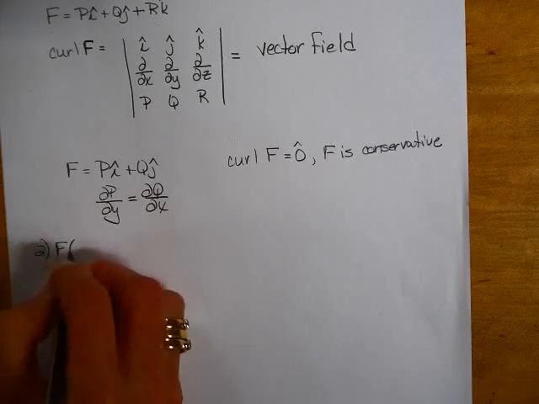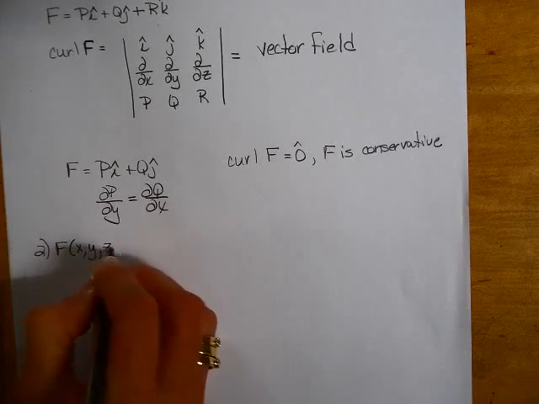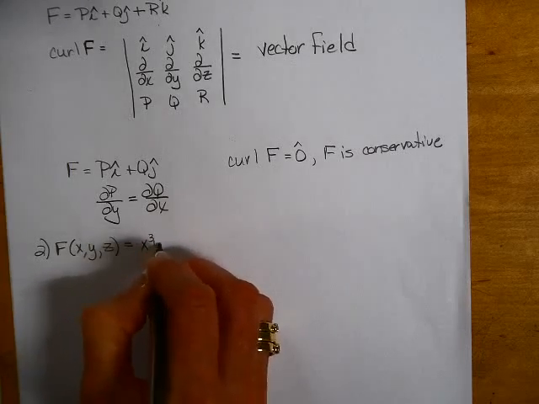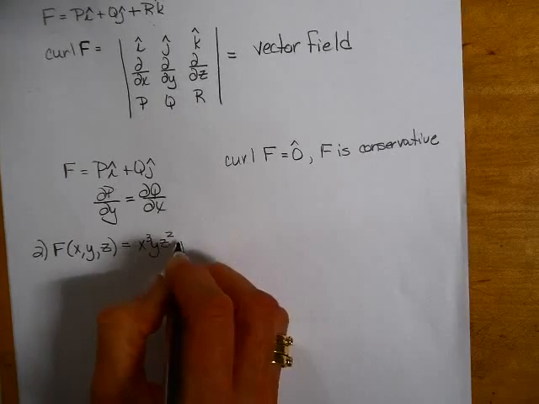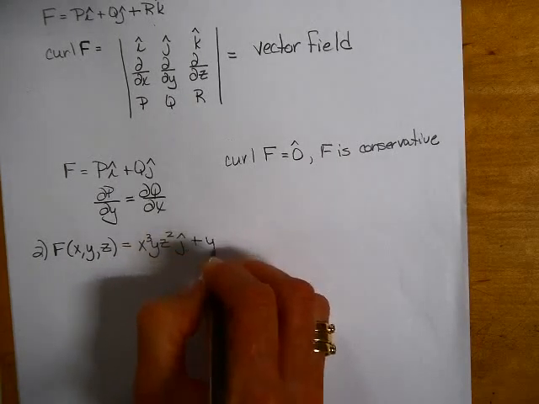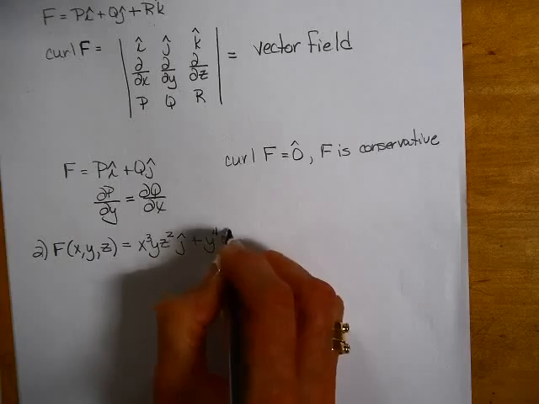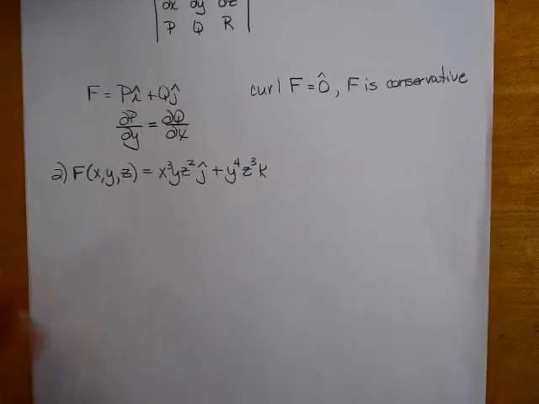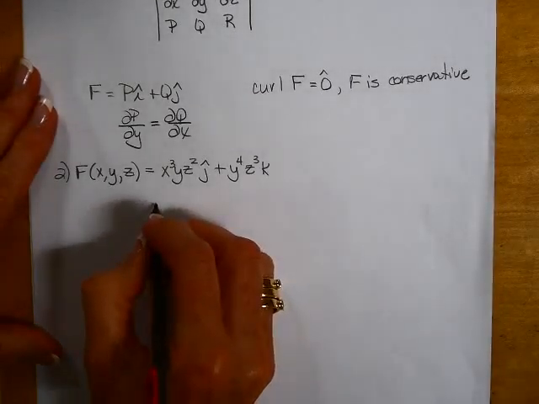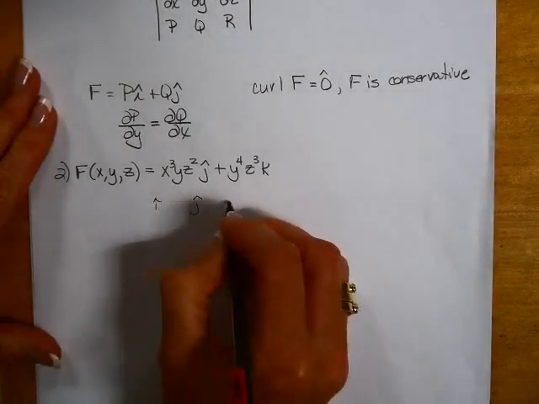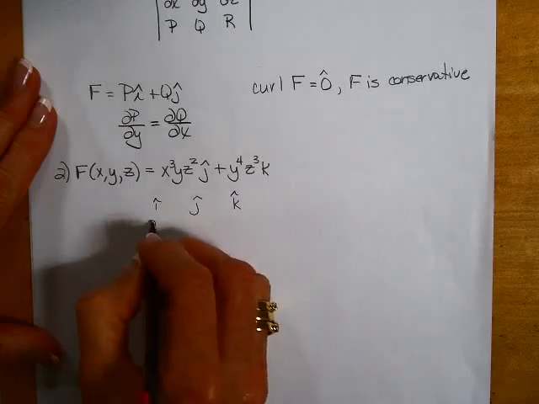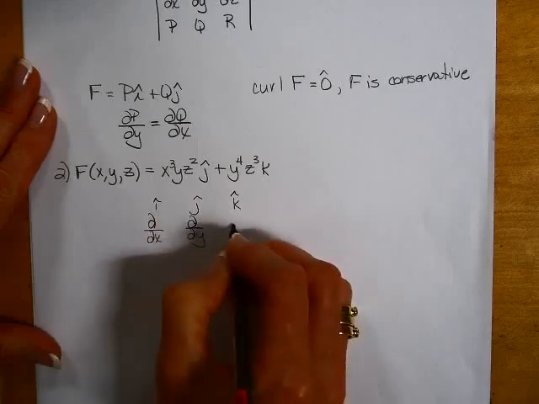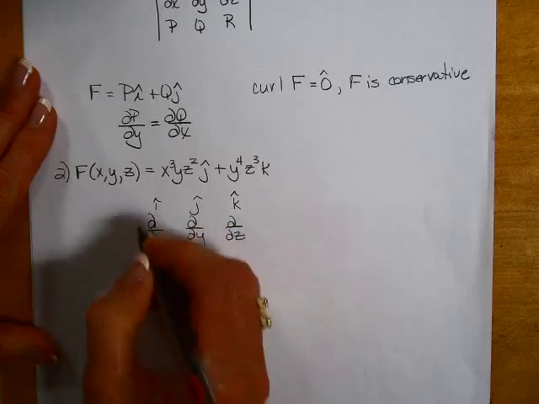If I look at number 2, F of x, y, z is x to the third y z squared j plus y to the fourth z to the third k. And I'm asked to find the curl of this thing. Then I'm going to set this up, i, j, k, the partial with respect to x, the partial with respect to y, the partial with respect to z.